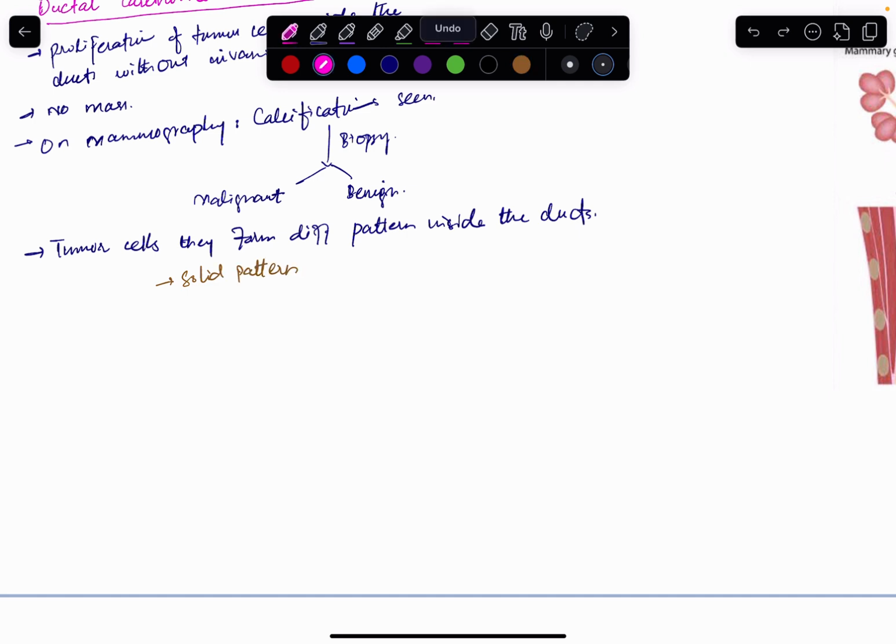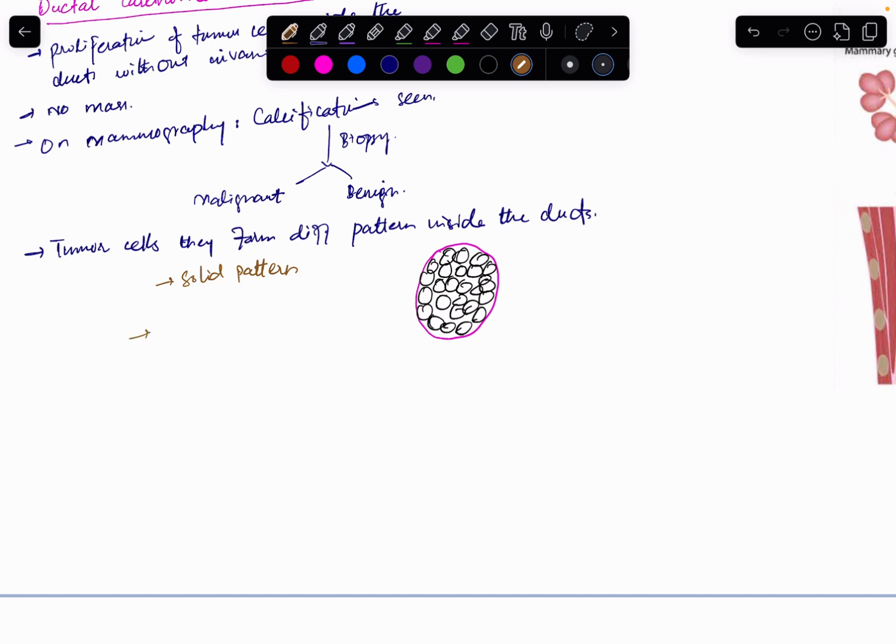In solid pattern, what you're going to see is that there is a duct, and inside the duct you're going to see the tumor cells. They are uniformly arranged. Tumor cells arranged in a uniform pattern. This pattern is called solid pattern.